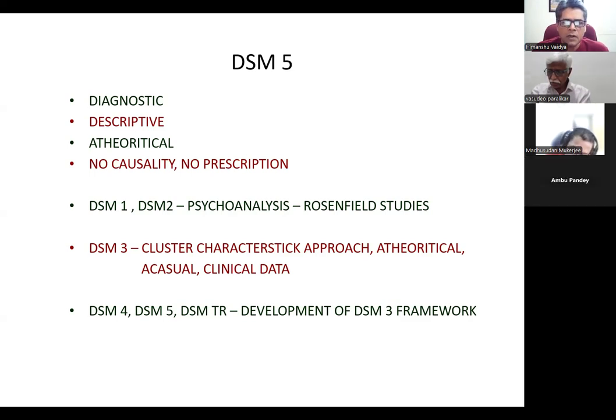Like in DSM-4, we had a very popular thing called diagnosing on cluster A, cluster B, and all those kind of things. Axis 1, axis 2, overall universal global functioning of the personality. Those characteristics, those parts have receded in DSM-5. So there were changes, but if you look at largely the structure, DSM-4, DSM-5, DSM-TR, they still broadly function in the same cluster characteristic approach of DSM-3.